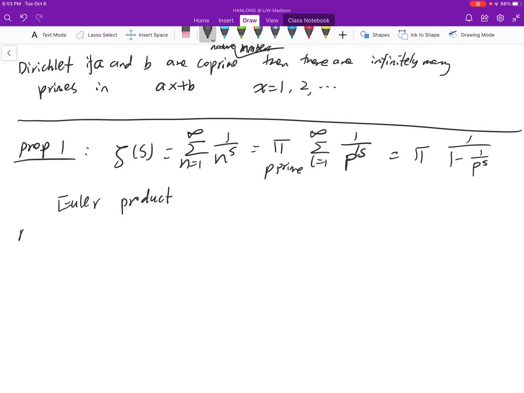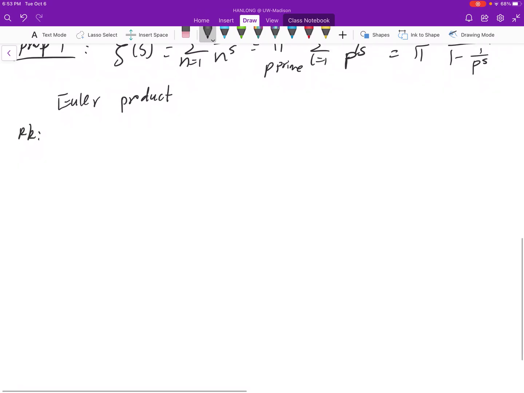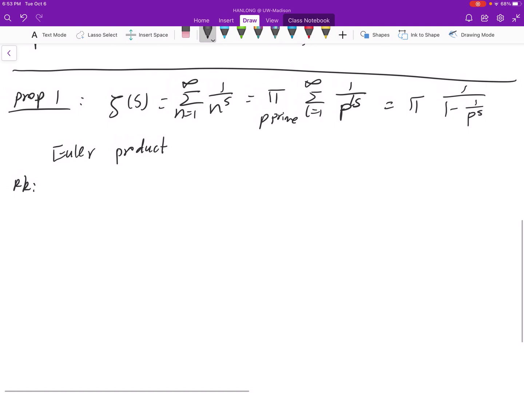And then a remark, it's not related to the material we're going to prove, but it's related to the current research field in mathematics. So probably you heard there's the Langlands program. You see here, the zeta function has an Euler product.